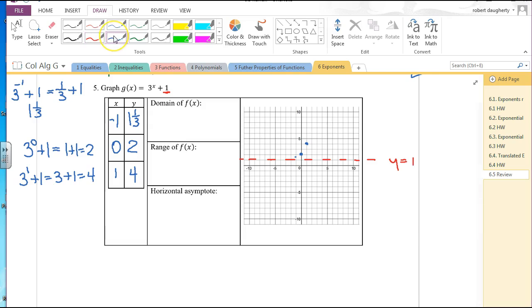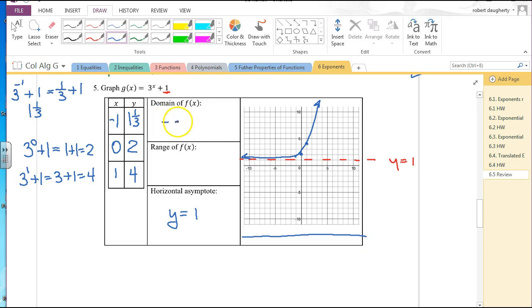I can go back now and graph this. So here's where I see the exponential growth and then the exponential decline. So it approaches that asymptote. Before we write the domain, let's back up. The horizontal asymptote is y = 1. The domain of this function, if you look at the left and you start traveling from left to right, you're getting all values of x.